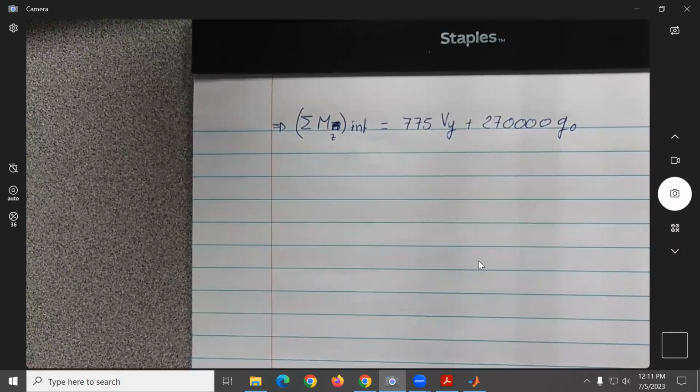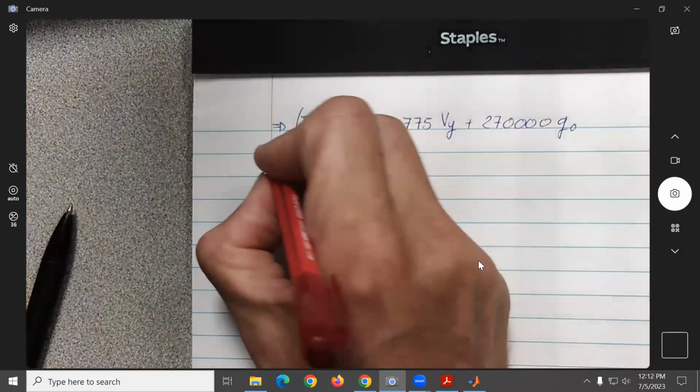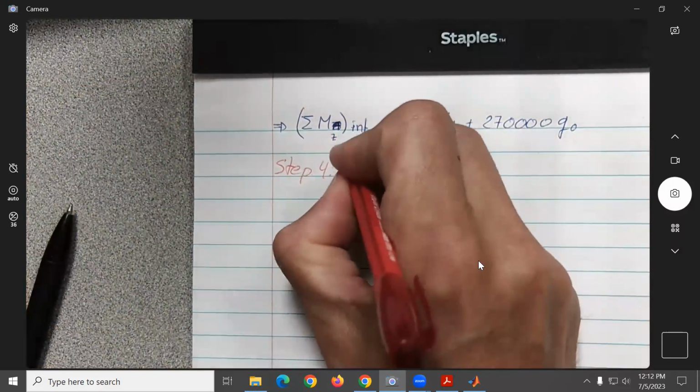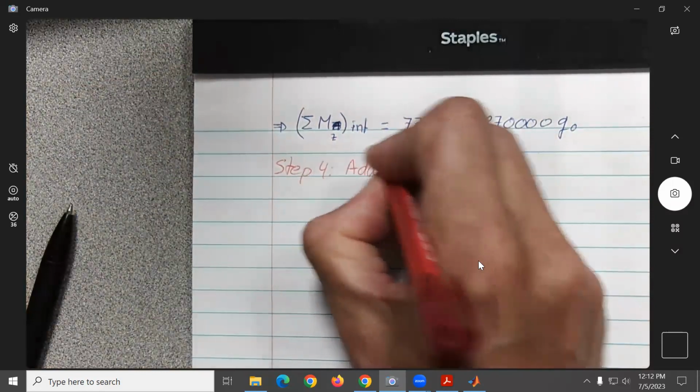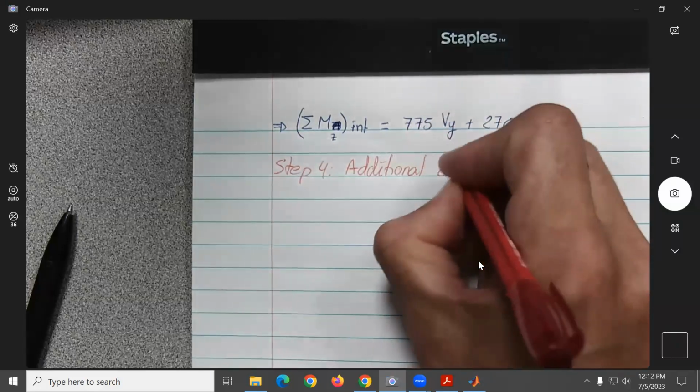Okay, so that basically means that on that cross section, there should not be any rotation or any angle of twist. Correct? So we could say the angle of twist is equal to 0, no? And that could give us the additional equation. So step 4, remember this guy, this is to find the additional equation. And that's where MATLAB will be extremely useful.